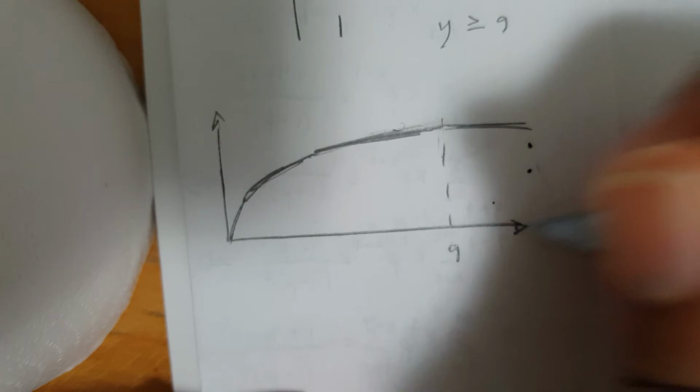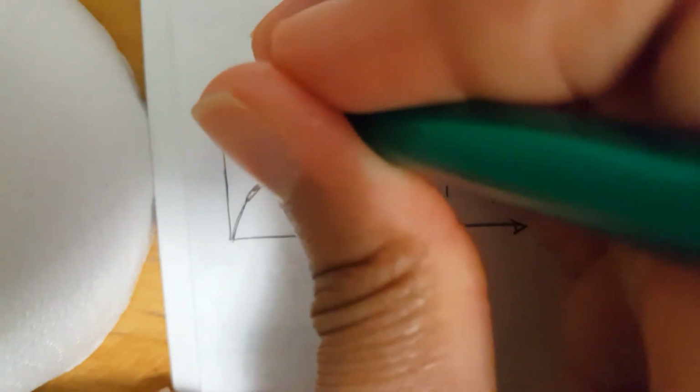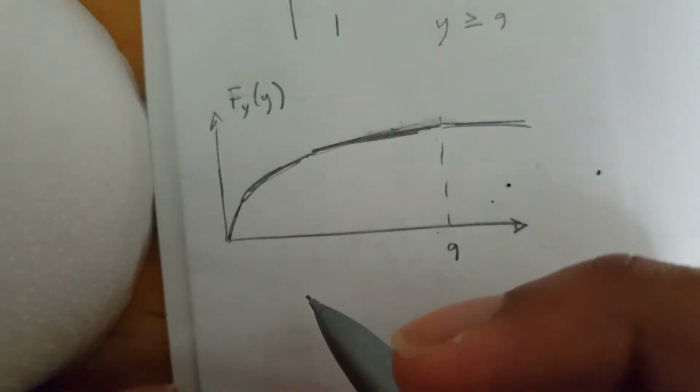This is 9, and of course this is capital F of y, and this is sort of like 1 right there.